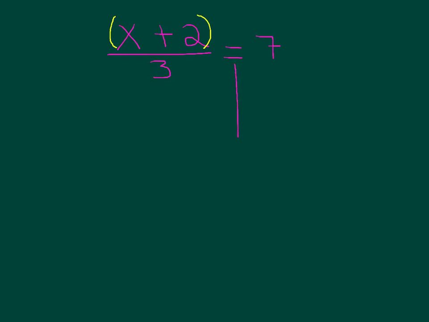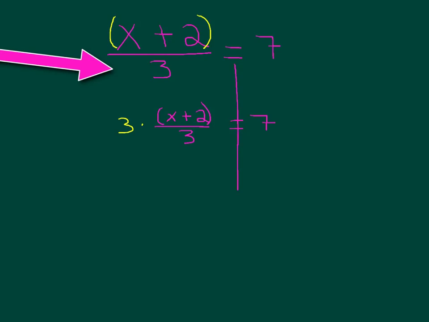The first thing you do is to cancel out that fraction, cancel out the 3 by multiplying both sides by 3. So when we multiply the left by 3, what it's doing is canceling out the fraction. And then we multiply the right side by 3.